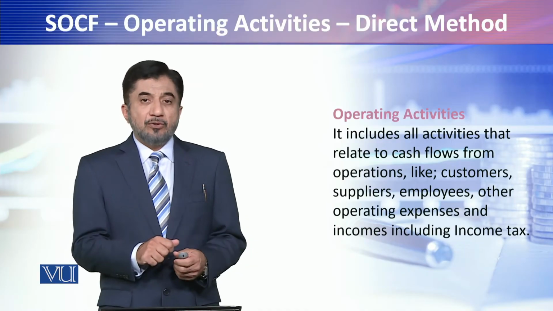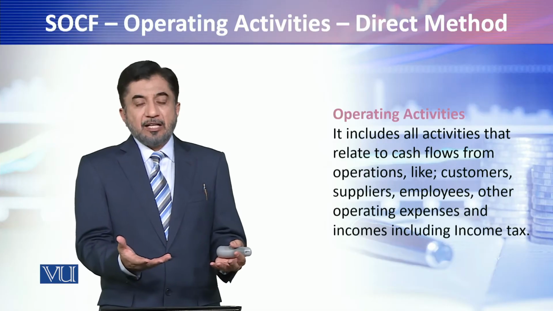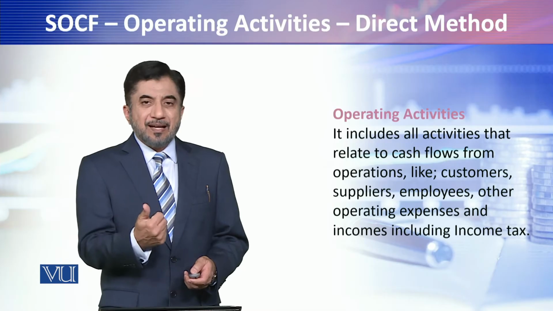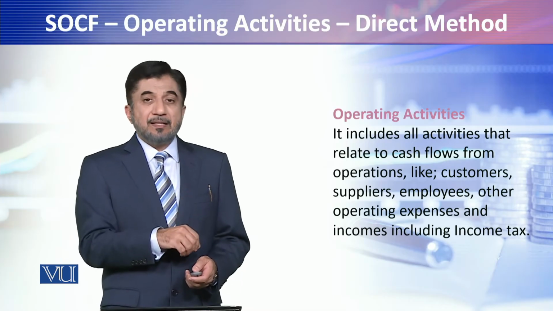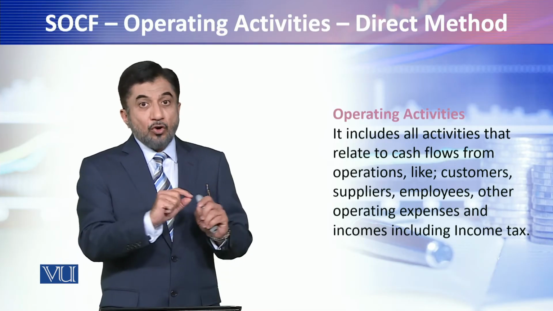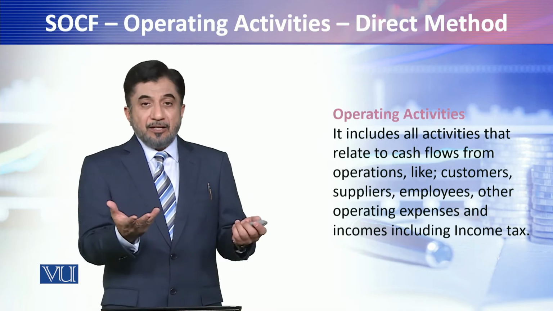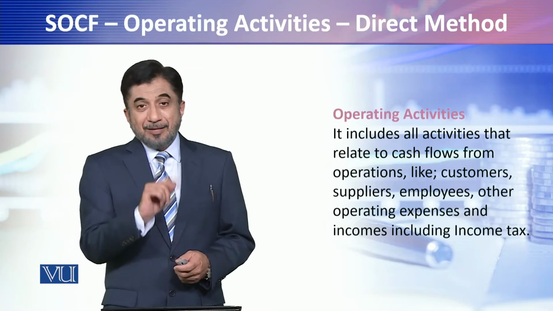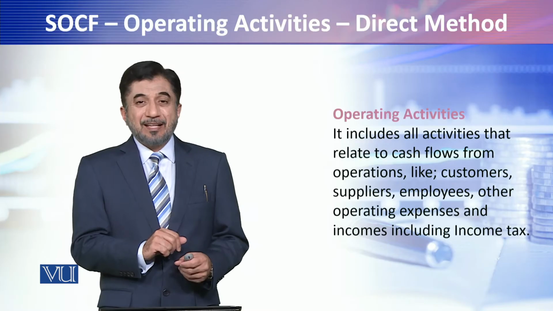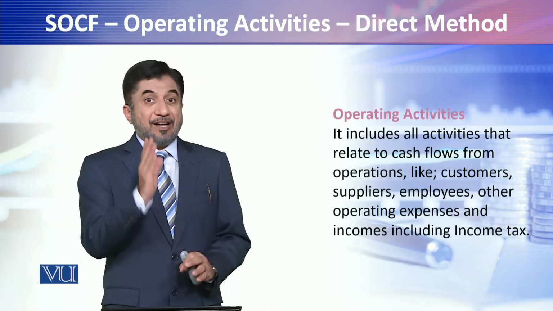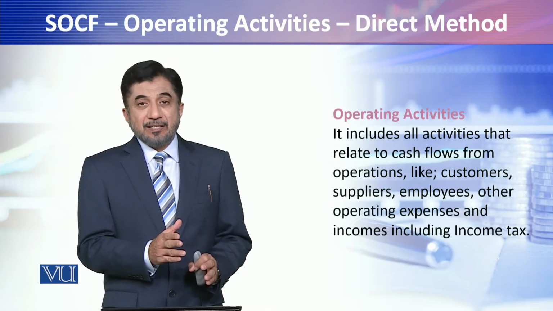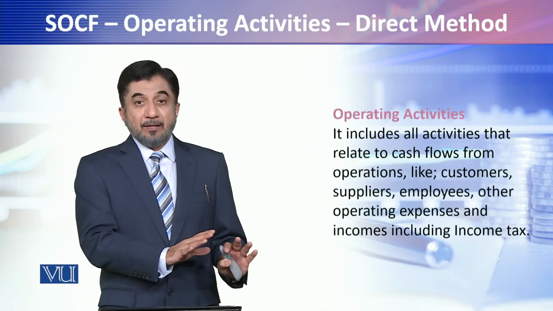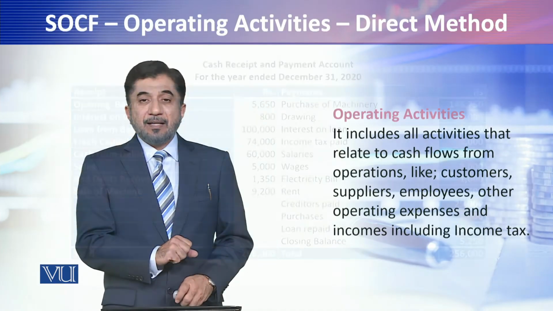This also includes a few other operating expenses, or in some cases financial expenses are also presented in this statement of cash flows operating activities. Interest incomes are also placed over here. Income taxes also, if they do not relate directly to investing and financing activities, are always presented in the operating activity.